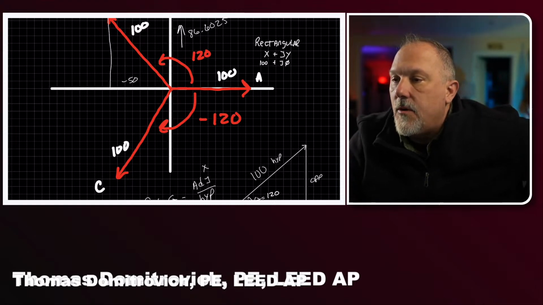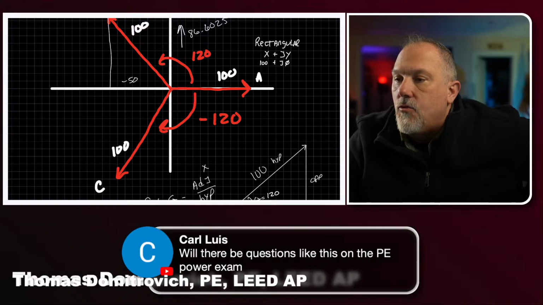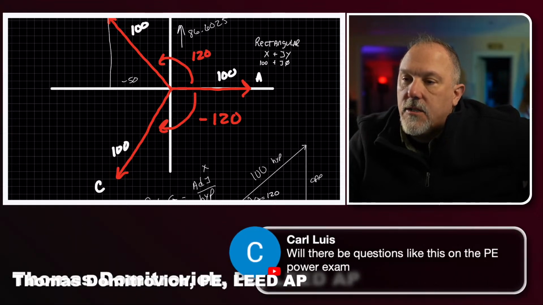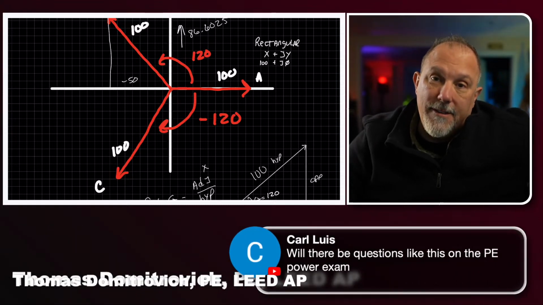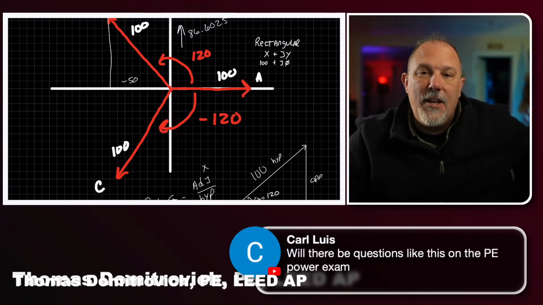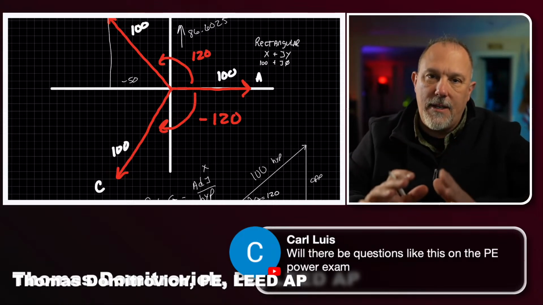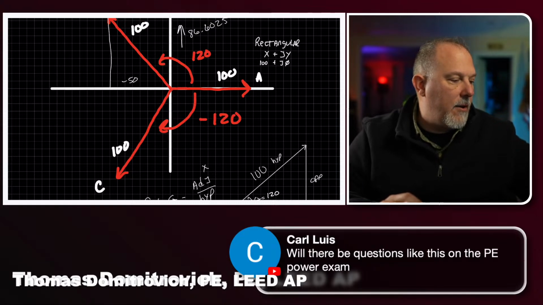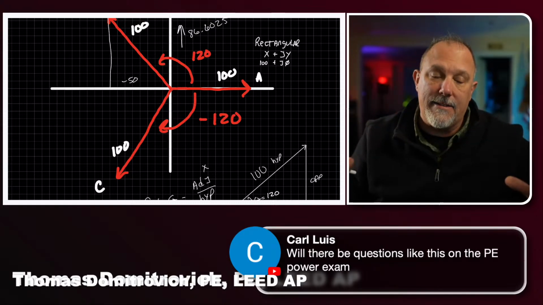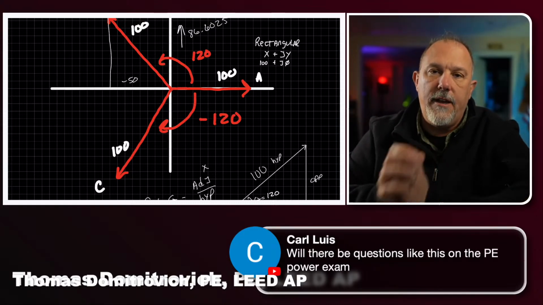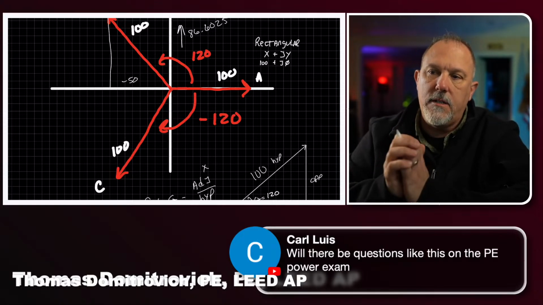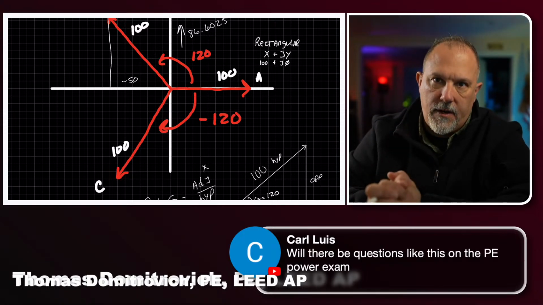I'm seeing some comments. Oh, Carl. Will there be questions like this on the PE power exam? Oh, absolutely. You have to know this for the PE. I'm not going to say there are exact questions like this. All I can say is you should have this as a fundamental. You need to know your complex variables.